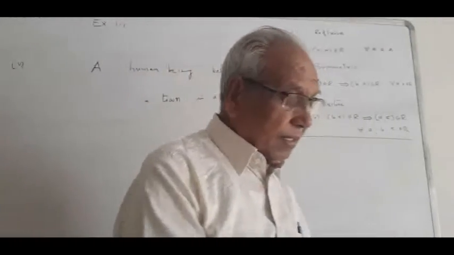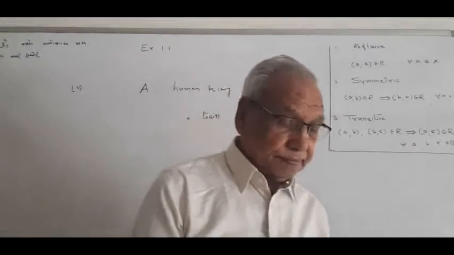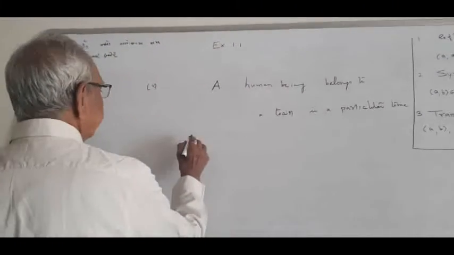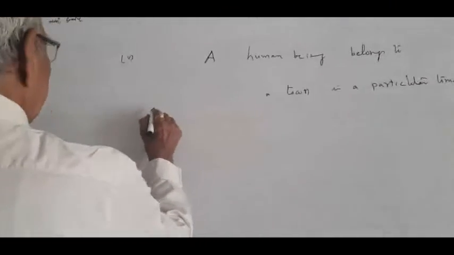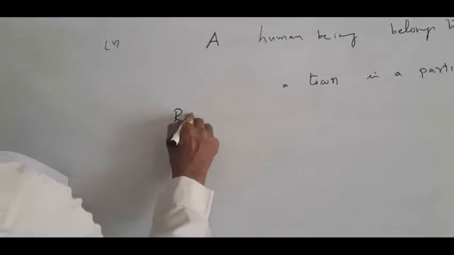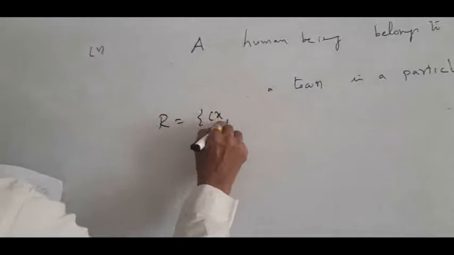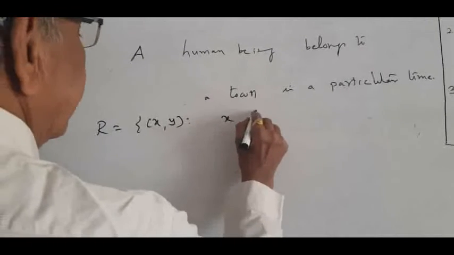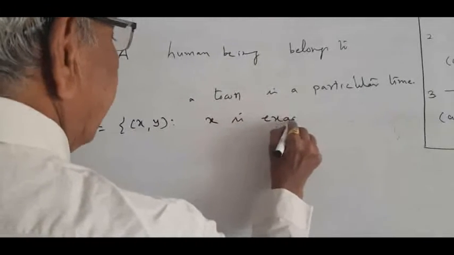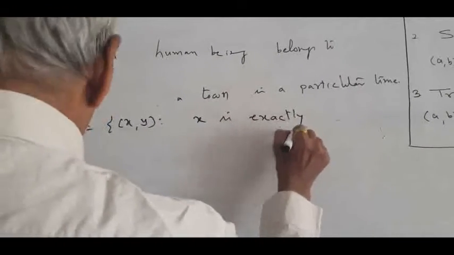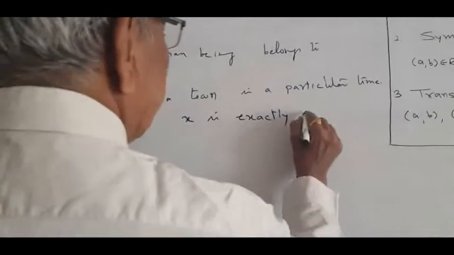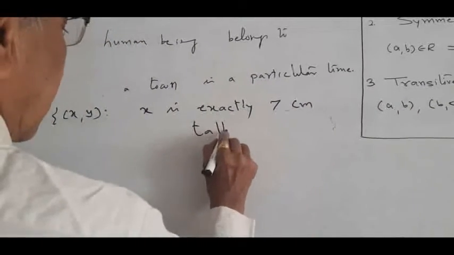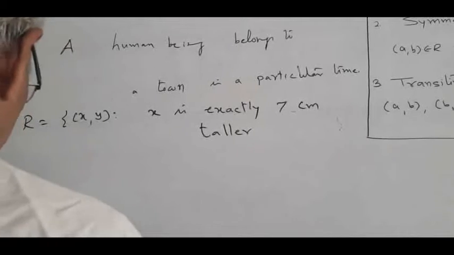Then C is 30. R is equal to (x, y), where x is exactly 7 centimeter taller than y.